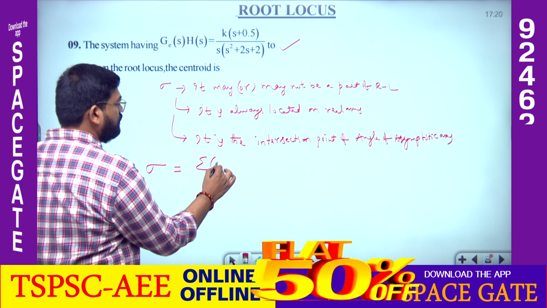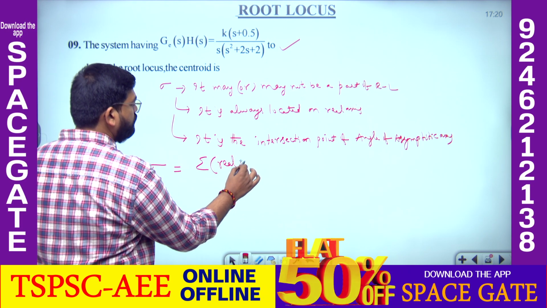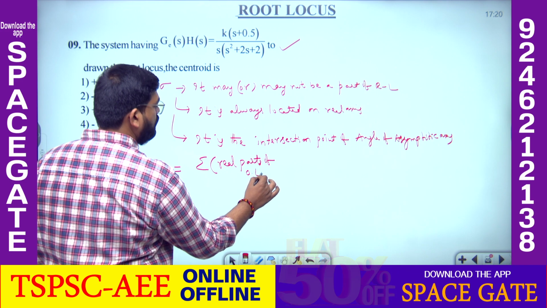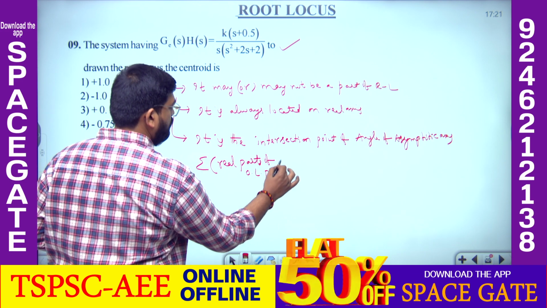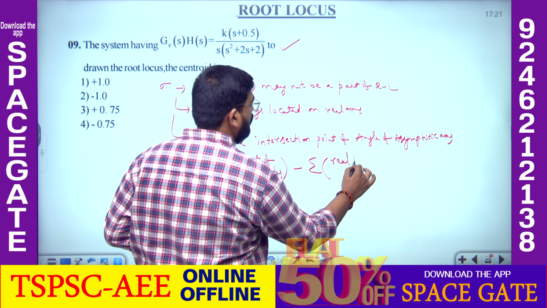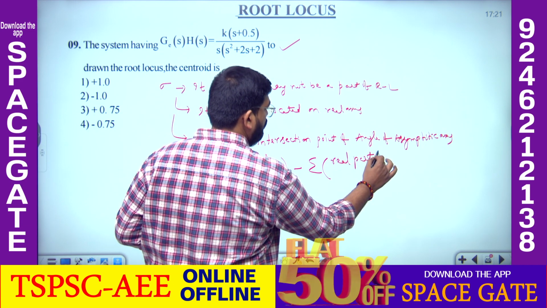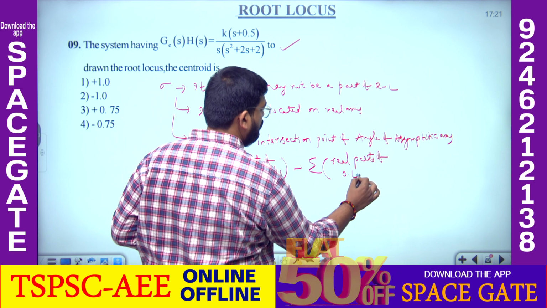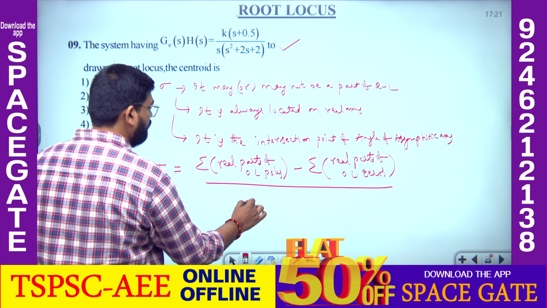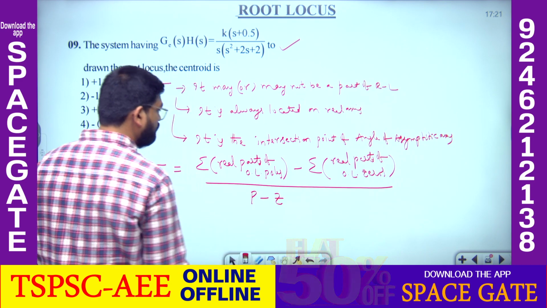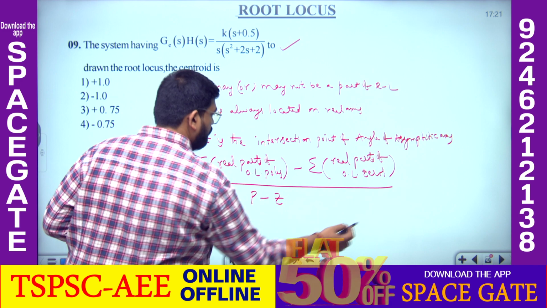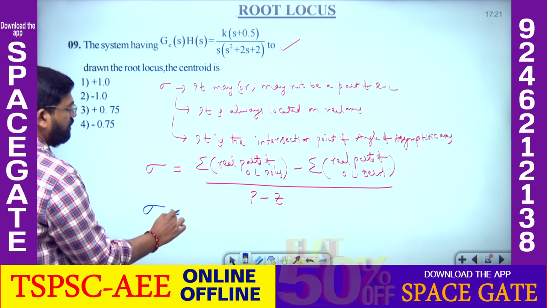Sum of real parts of open loop poles minus sum of real parts of open loop zeros by number of poles minus zeros.